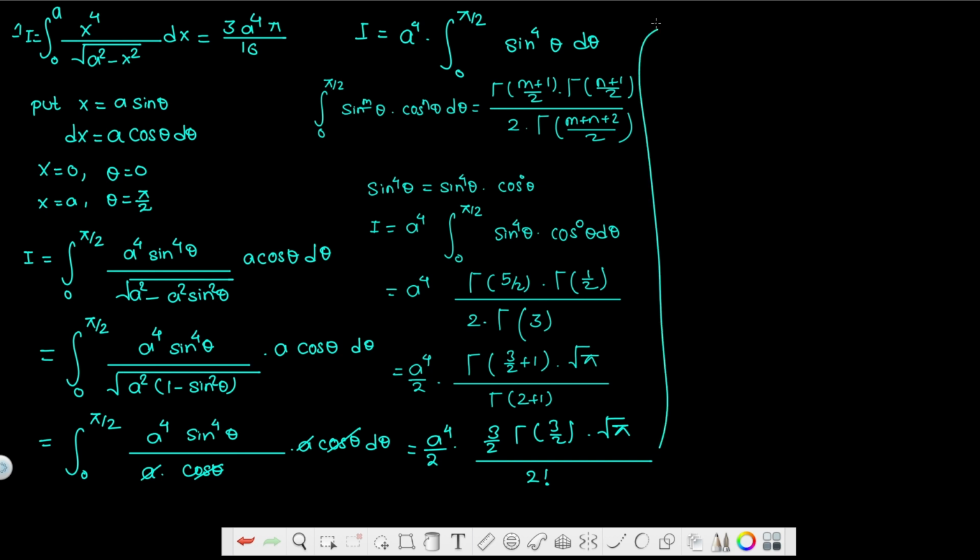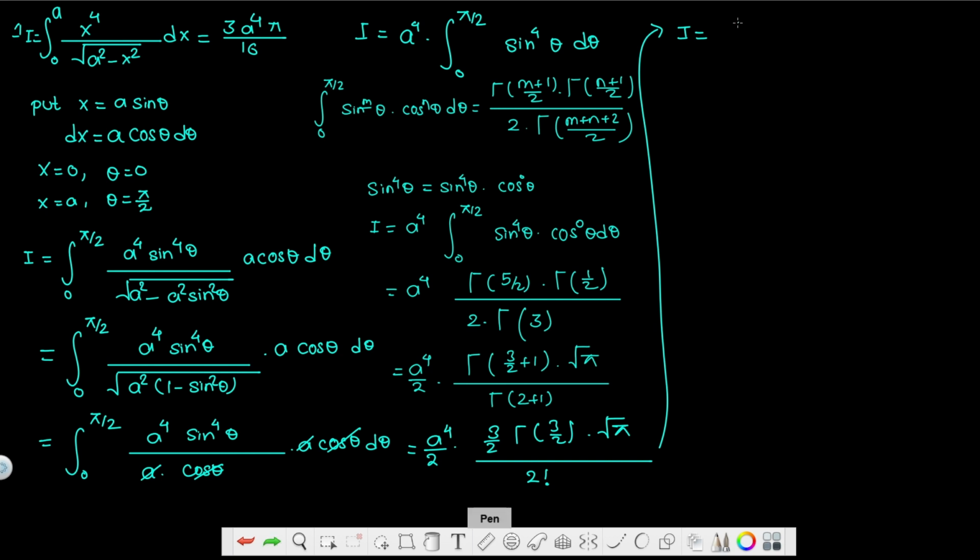So let's go here. I equals a^4, and 2 factorial is 2, so 2 times 2 is 4, multiplied with this 2 we get 8, and on top we have 3.